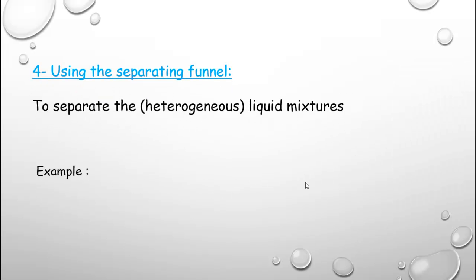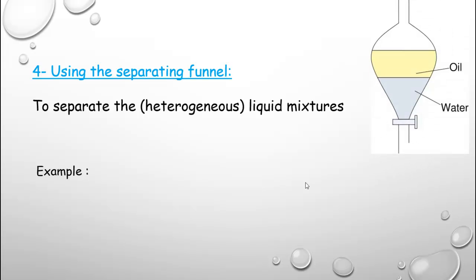Finally, the fourth method, using a separating funnel. A separating funnel looks like this photo. This equipment is called a separating funnel. I will use it to separate a heterogeneous liquid mixture. What is the meaning of heterogeneous?